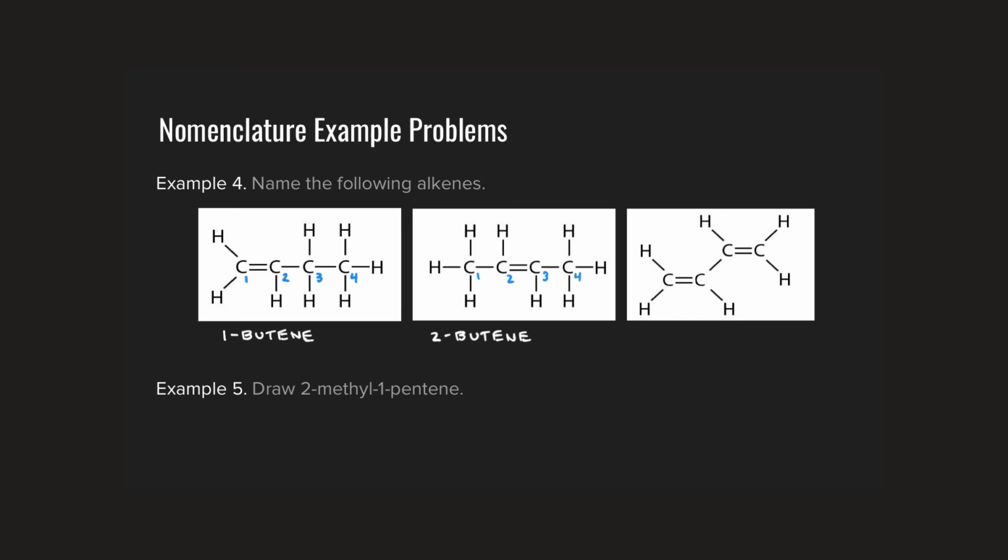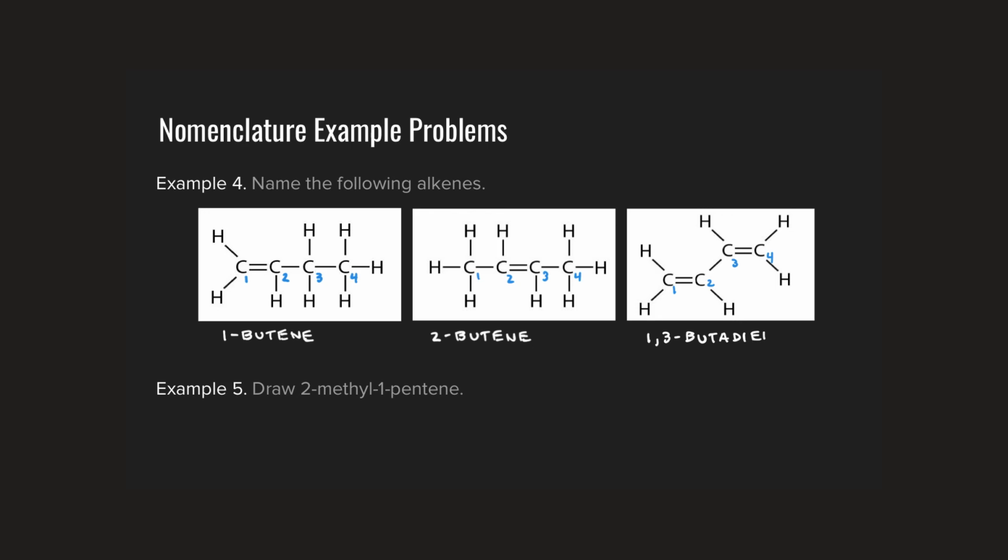Now, this third one is also an alkene molecule, but now I have not 1 double bond, but 2. And this is where the naming gets a little tricky. It's still based upon the 4-carbon chain of butane, but now those double bonds come after carbon 1 and after carbon 3, which means I'm going to name this one 1,3, and here's where the name gets weird, buta, and then I'm going to put the prefix di before the suffix ene.